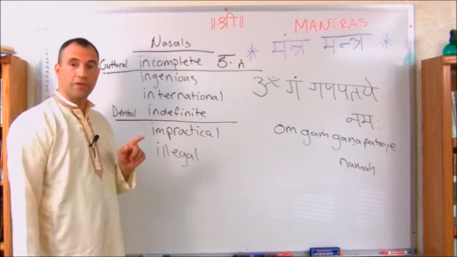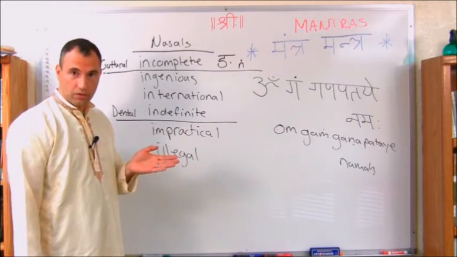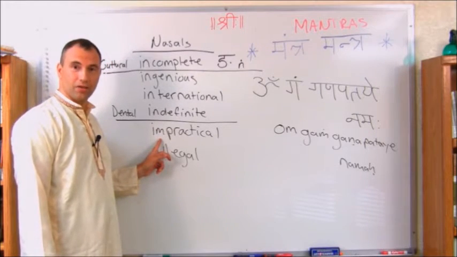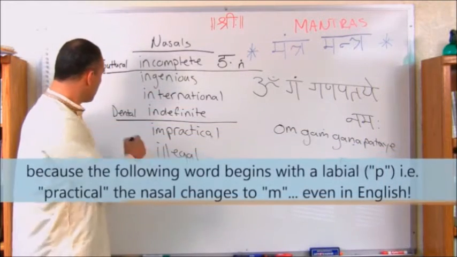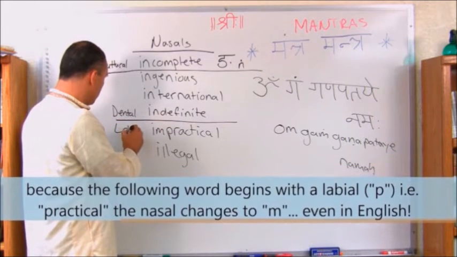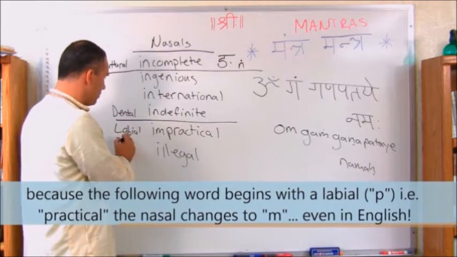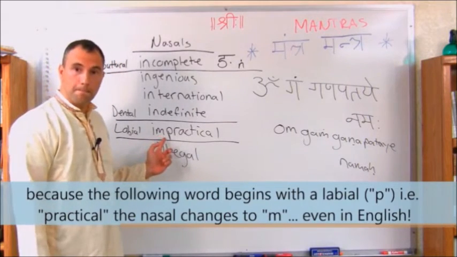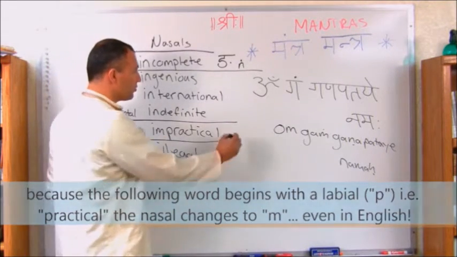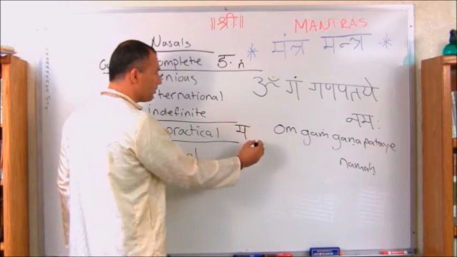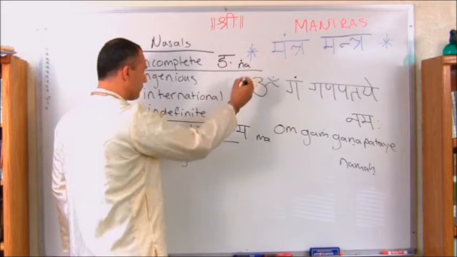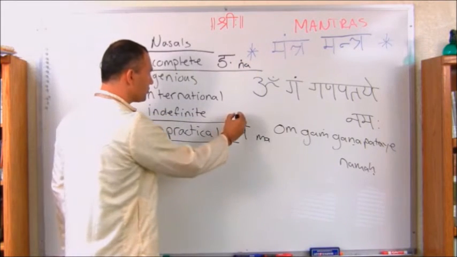The same prefix in, meaning not, changes to m: impractical. Why? Because the labial nasal is m, right? So there it is in Sanskrit, m, and in transliteration, m, okay? And the dental, of course, is n.